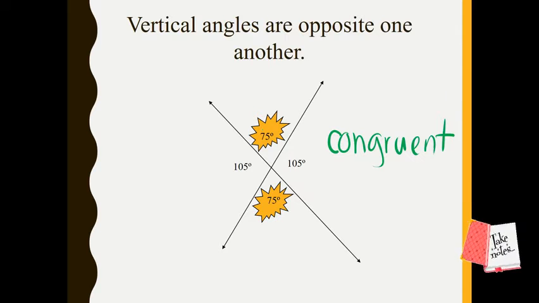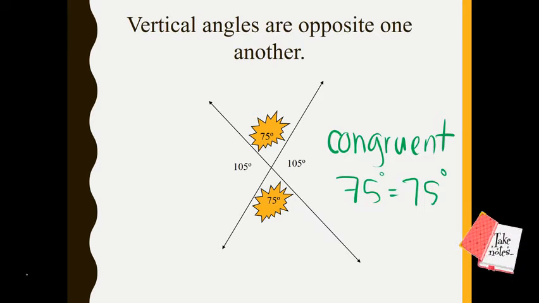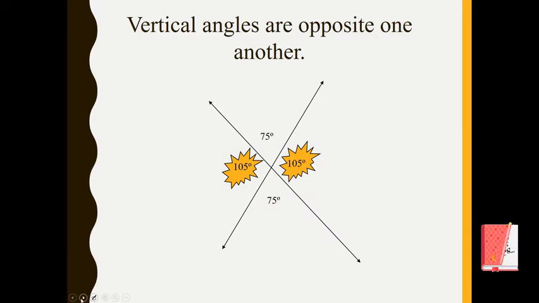For example, vertical angles are congruent because this angle is vertical to this angle, and notice that the numbers are the same. Congruent angles, meaning it's the same angles. Please make sure to write down the definition for this one. Vertical angles are opposite of one another, and they are, what's the word?